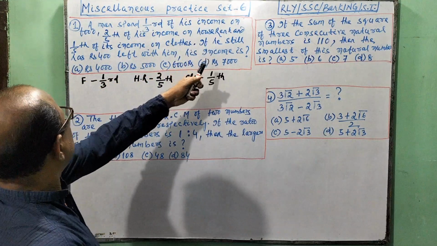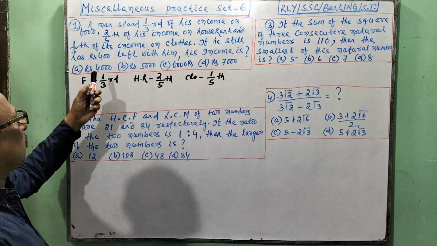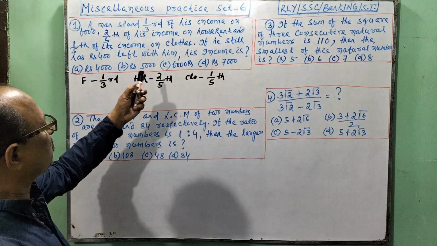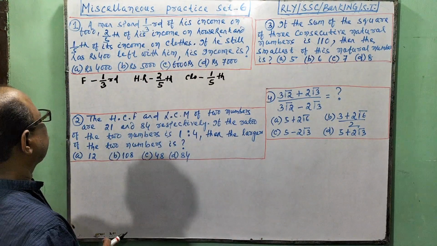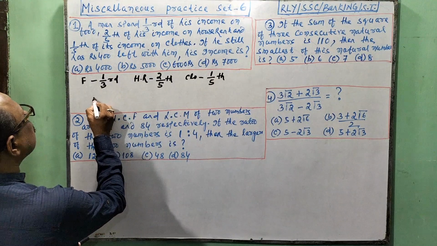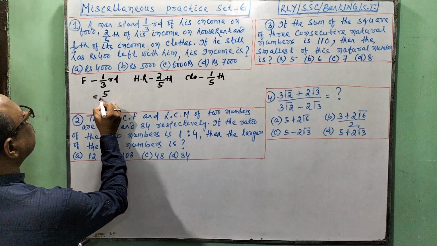If he still has 400 left with him, his income is, let's see, 1/3 is also equal to 5/15.